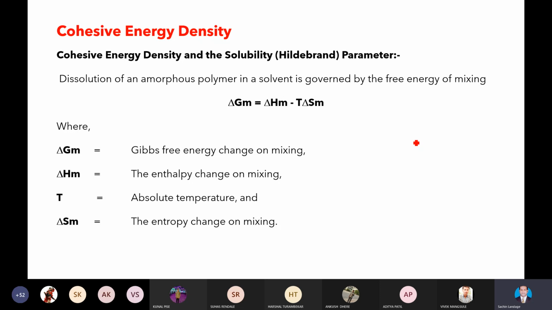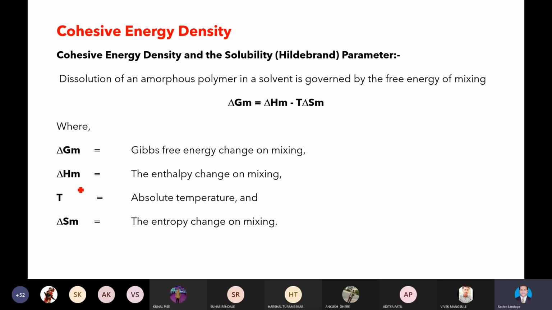So dissolution of an amorphous polymer in a solvent is governed by the free energy of mixing, and the equation is delta Gm equals delta Hm minus T delta Sm. Delta Gm is the Gibbs free energy change on mixing, that is the energy after the mixing.